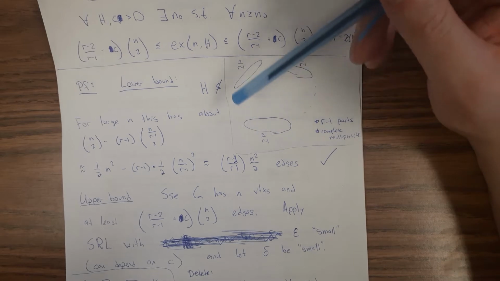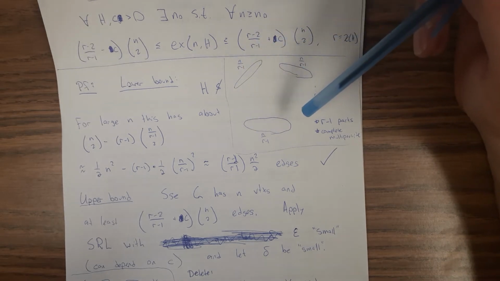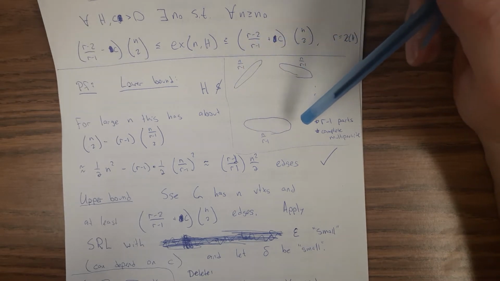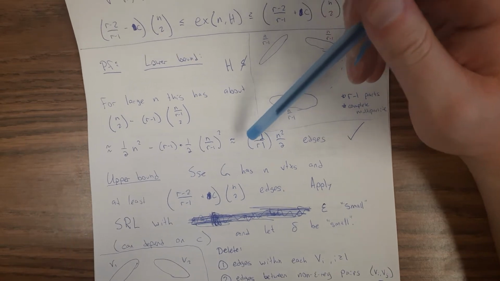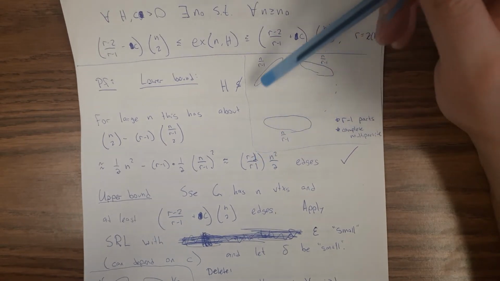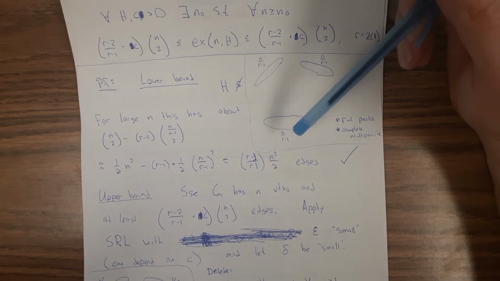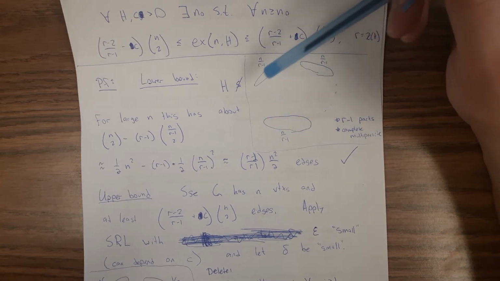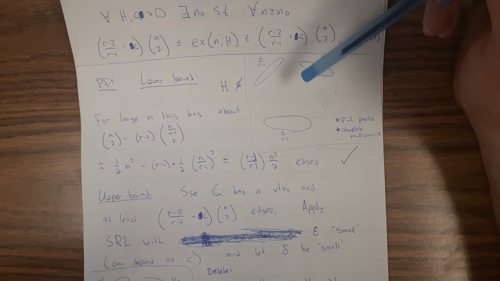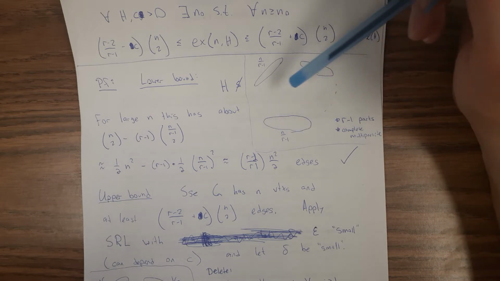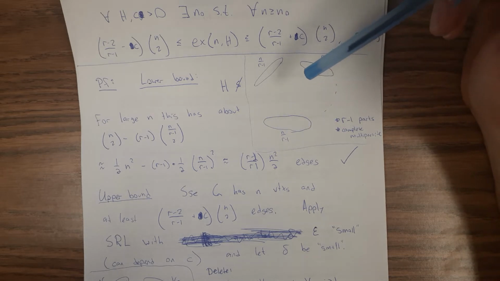Meanwhile, how many edges does this have? And this is where I'm going to be a little bit sloppy. This is an example of why this is called a proof sketch. Once again, I'm pretending that n is divisible by r minus 1. If n isn't divisible by r minus 1, then you have to round and show that the error isn't too large. But let's not worry about rounding.